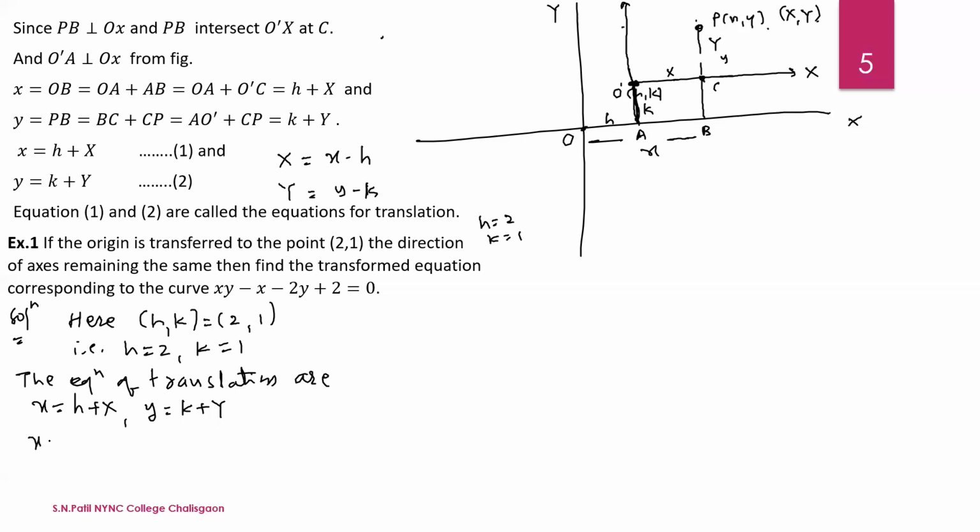It can be written as x is equal to 2 plus capital X, y is equal to 1 plus capital Y.